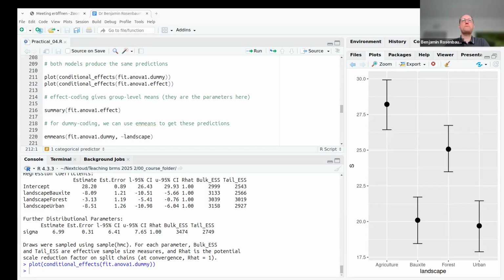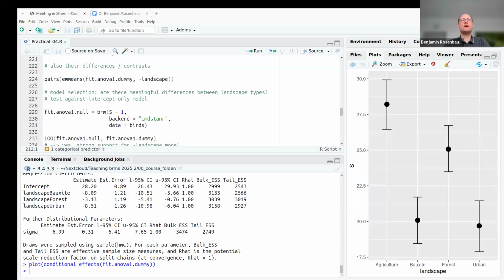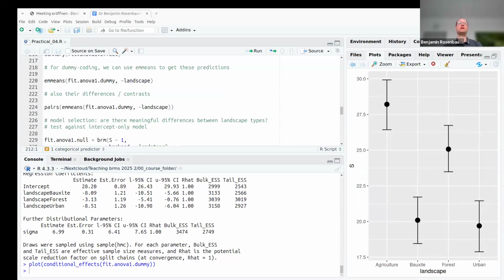And you could use the EM_means package to extract these differences. So here we are in the post hoc analysis after fitting the model. Usually the ANOVA tells you if there is a difference, and you have to actually use EM_means or some other methods to tell you where the differences are and how strong they are.